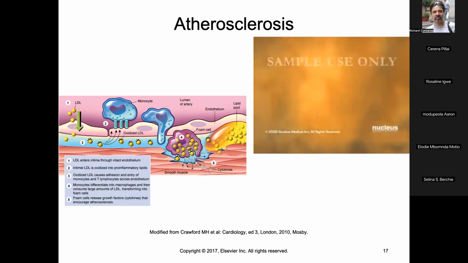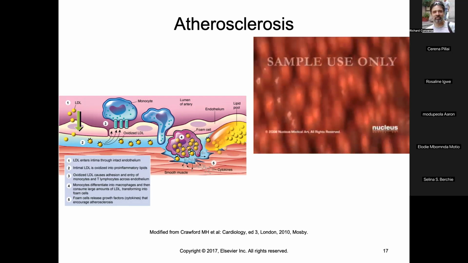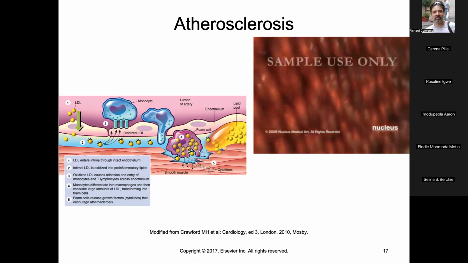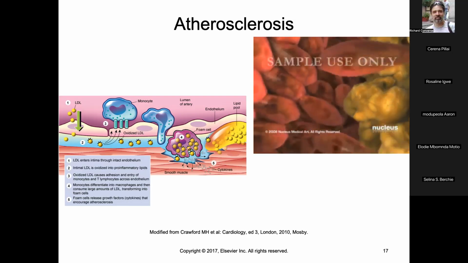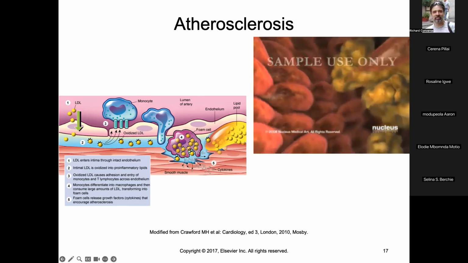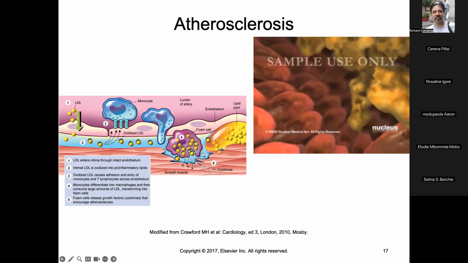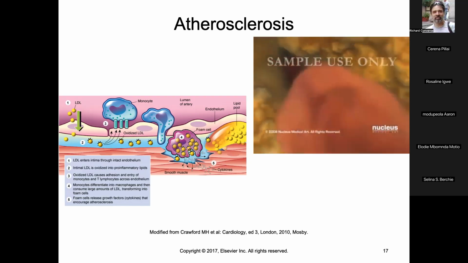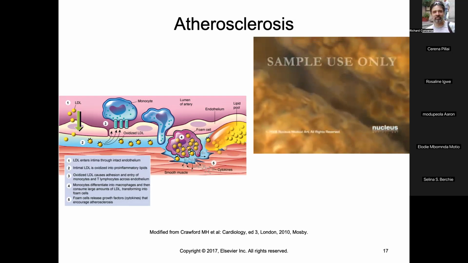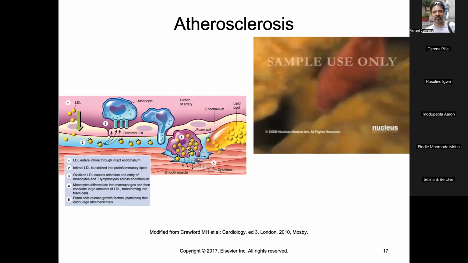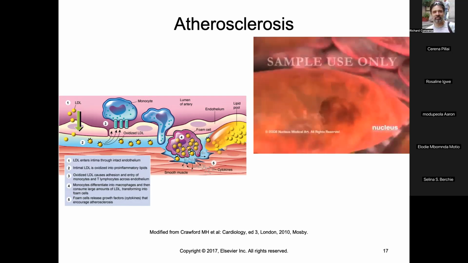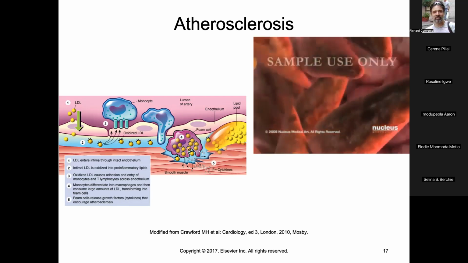At the same time, smooth muscle cells within the arterial wall begin to multiply. Then, most of the smooth muscle cells move to the surface of the plaque. These cells contribute to the formation of a firm, fibrous cap covering the plaque.